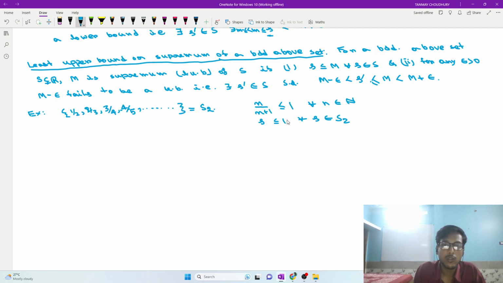Now we will show that this 1 is the least possible upper bound. So suppose we want to lower this 1 a little bit and check whether it is still an upper bound or not. Say suppose we are considering 0.99, which is actually 1 minus 0.01. So we are lowering the value of the upper bound 1 by a small number 0.01, and we obtain 0.99, which is actually 99 by 100.